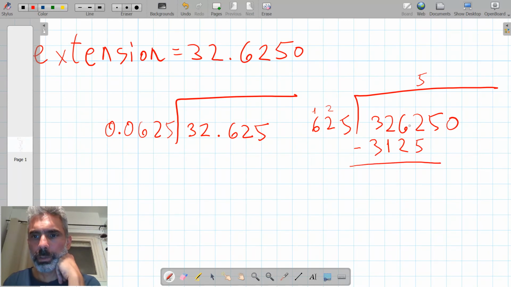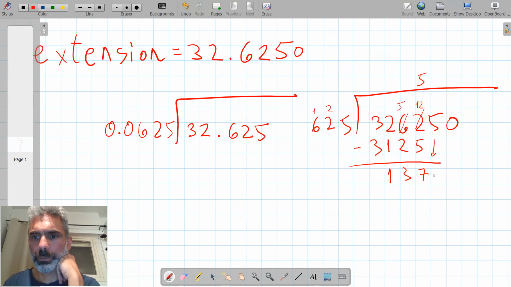Subtract. So this becomes 5, and this becomes 12. 12 minus 5 is 7. 5 minus 2 is 3. 32 minus 31, so 2 minus 1 is 1, 3 minus 3 is 0.